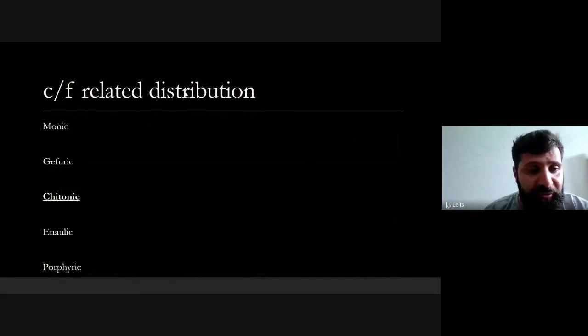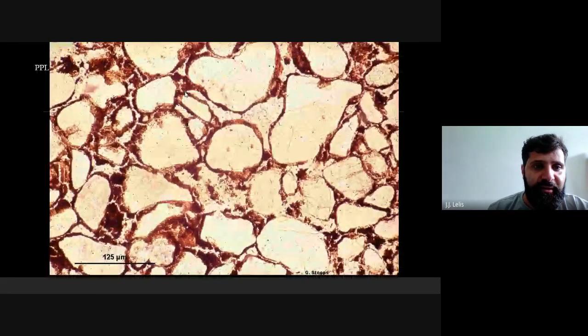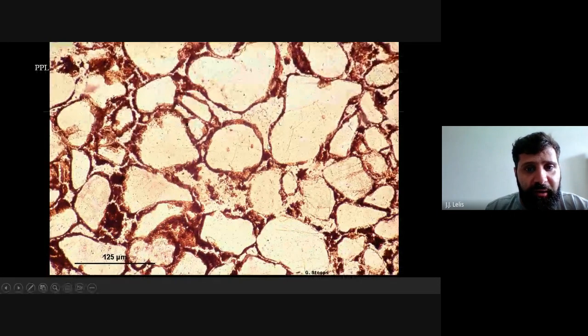You also can find the chitonic, and the chitonic CF ratio is this shape. We see an organization of the coarse grains with clay coatings surrounding the coarse bodies. So we can see the coarse fragments, the coarse grains with a clay coating surrounding all the coarse fragments.